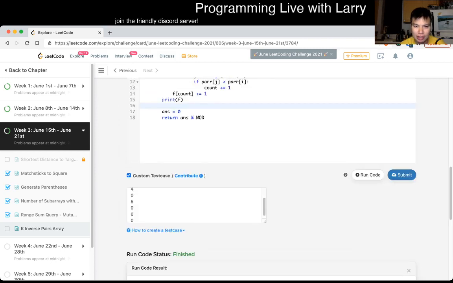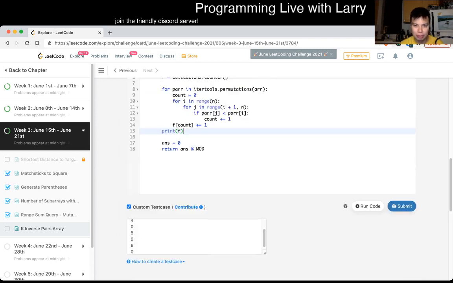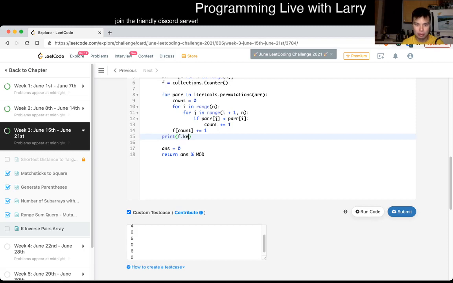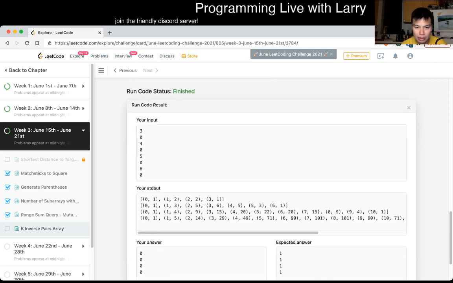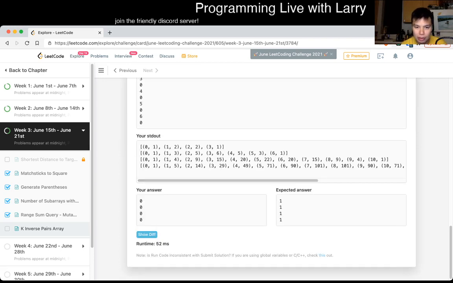Okay, let's actually print out the items. Let's sort it. And this is just to kind of get a visualization. So it's 1, 2, 2, 1.